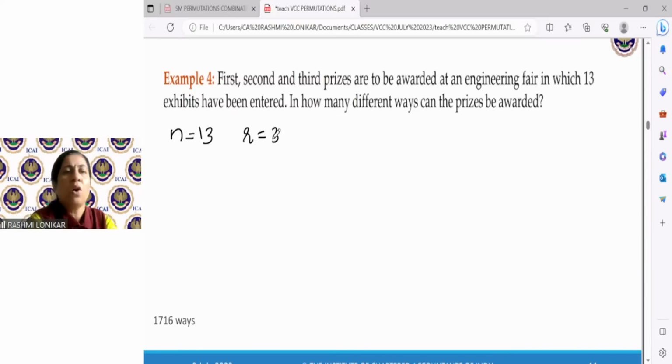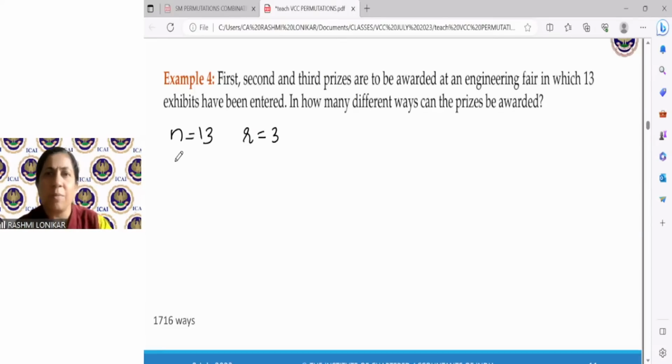Obviously, if one person is getting the first prize, will he be able to get the second prize? No. He will automatically not be there, so somebody else will get the second prize. That means this is a question of permutation. Akib was asking, when do we know it is permutation or combination?